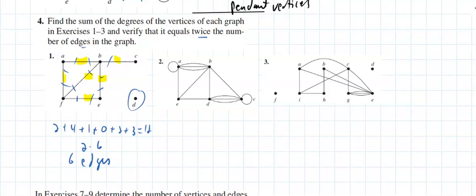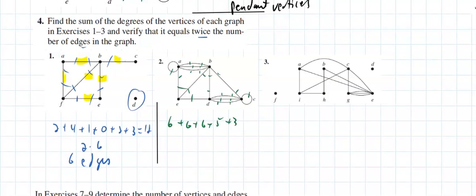If I go to the second example, again, A, B, C, D. A has 1, 2, 3, 4, 5, 6. B, 1, 2, 3, 4, 5, 6. C, 2, 3, 4, 5, 6. D, 1, 2, 3, 4, 5.